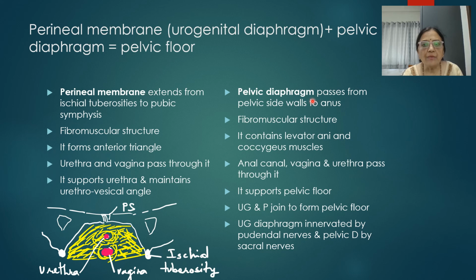On the other hand, the pelvic diaphragm passes from the pelvic side walls towards the anus or coccyx. It is a fibromuscular structure like this perineal membrane. It contains levator ani and coccygeus muscle. Now here again I want to make it clear.